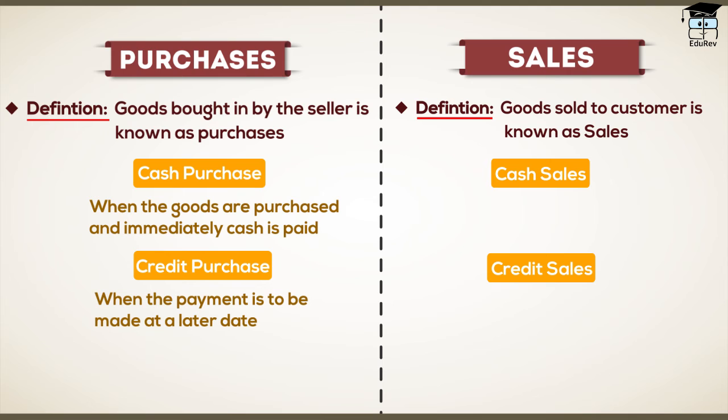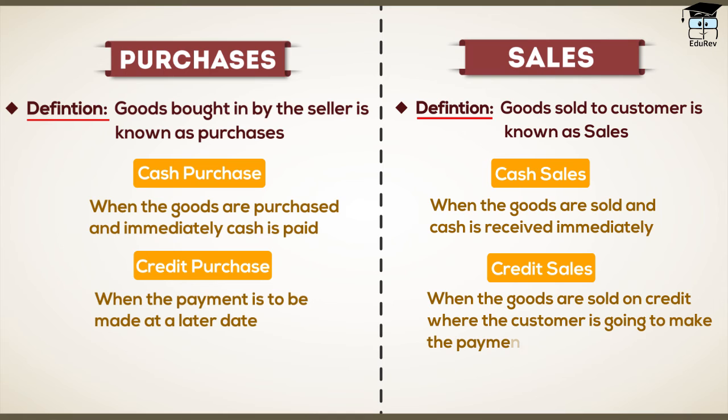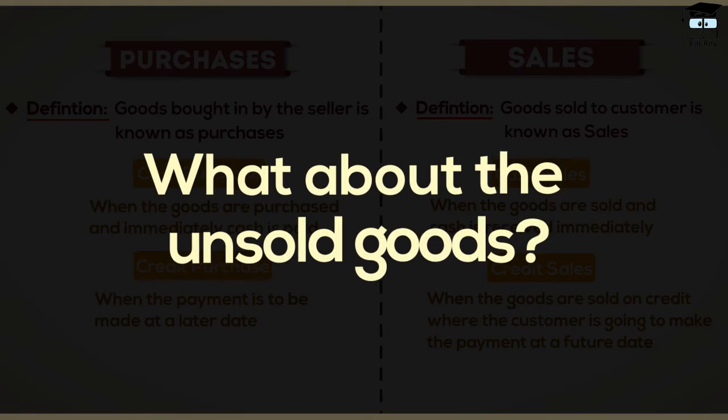Now can you tell us the meaning of these two? Simple, right? When the goods are sold and cash is received immediately, it is termed as cash sales. And when the goods are sold on credit, where the customer is going to make the payment at a future date, it is a credit sale transaction. Now it is possible that whatever goods purchased by Mr. Raj have not been fully sold.